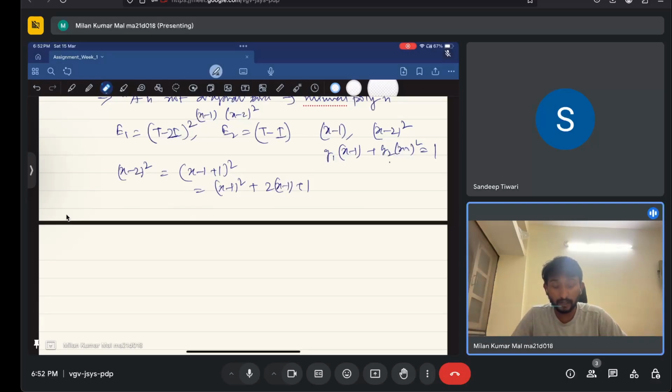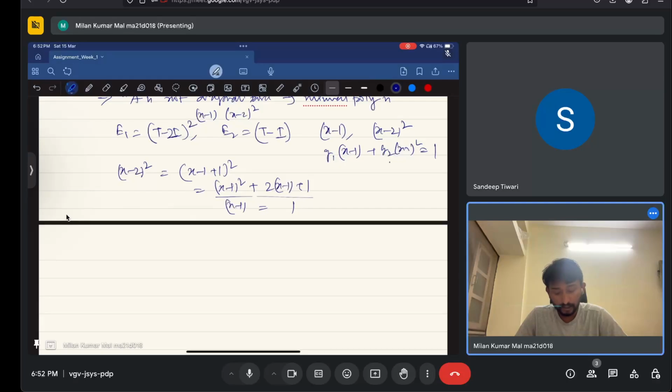This is the term, x minus 2 square can be written this way. So now divide x minus 1 square by x minus 1. What will I get? I think the remainder will be 1 in that way.